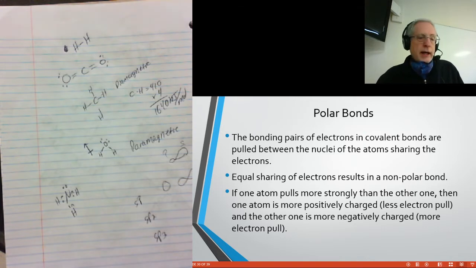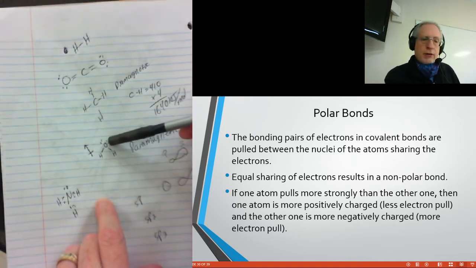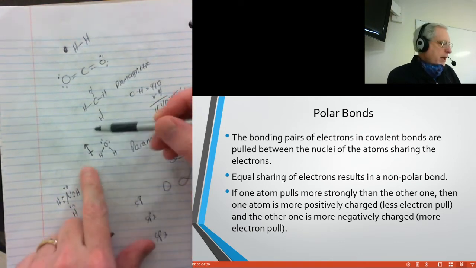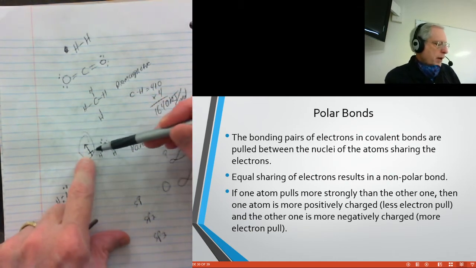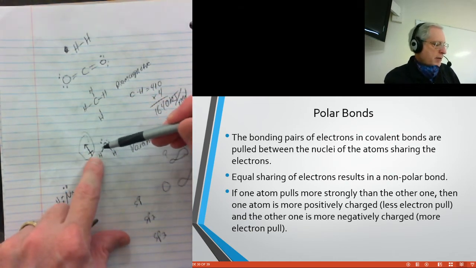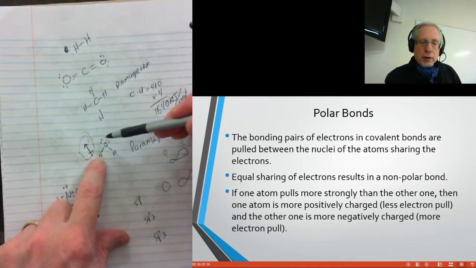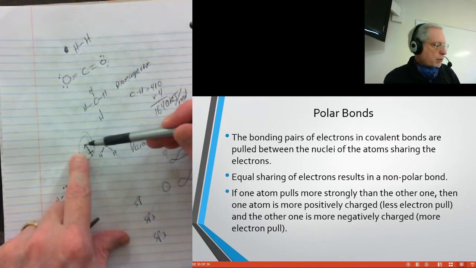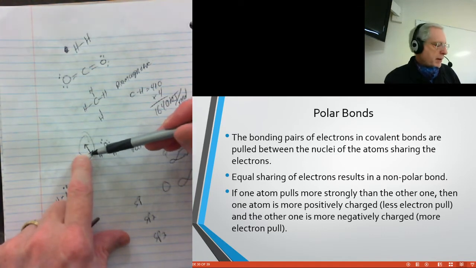But if they're shared unequally, which is especially true in water, oxygen wants the electron more. So what we end up with is a polarity, and we usually draw it like this, where you have a positive because oxygen wants the electrons more. They're pulled towards the oxygen, and the arrow shows which direction the electrons are being pulled, and you'll see the little plus at this end.